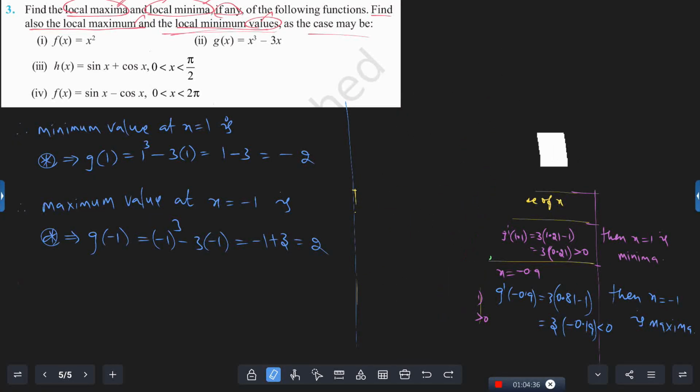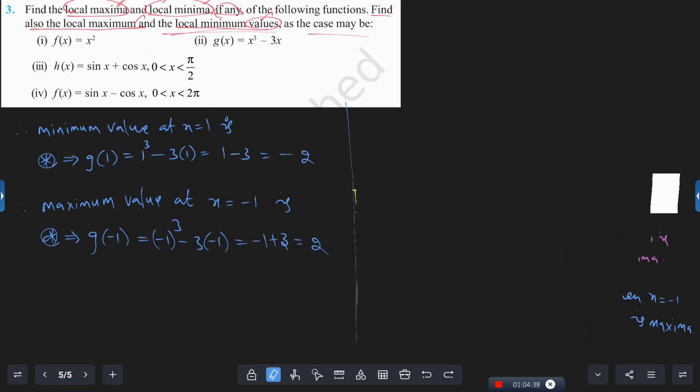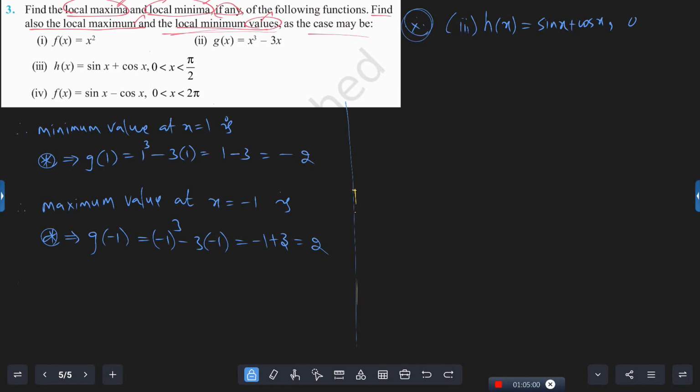Then we'll go to the third question, very important. Put an important symbol. h of x equal to sin x plus cos x, 0 less than x less than pi by 2.